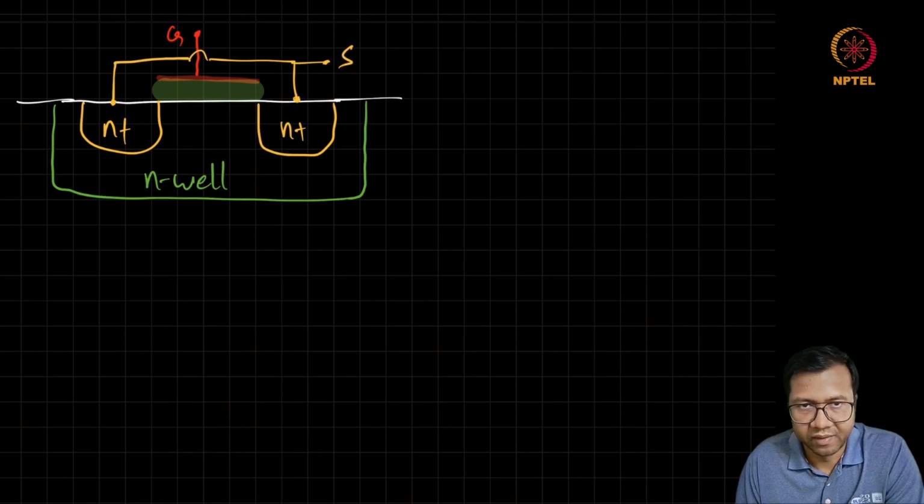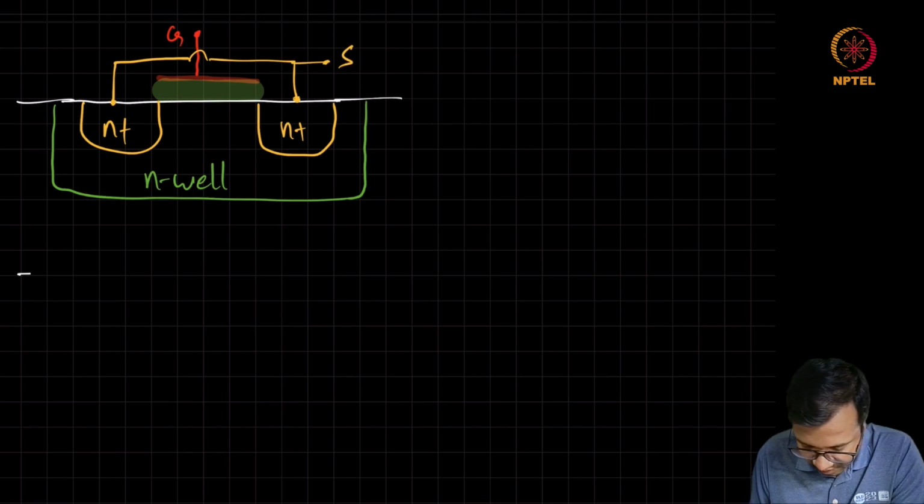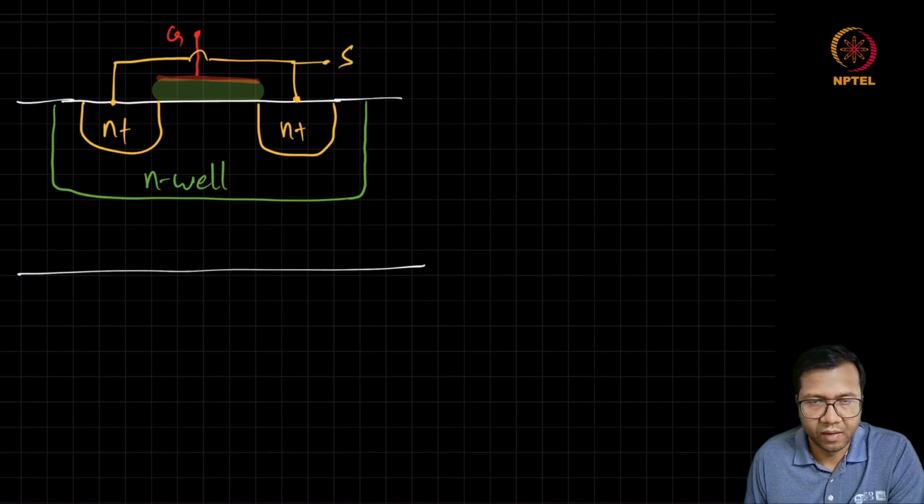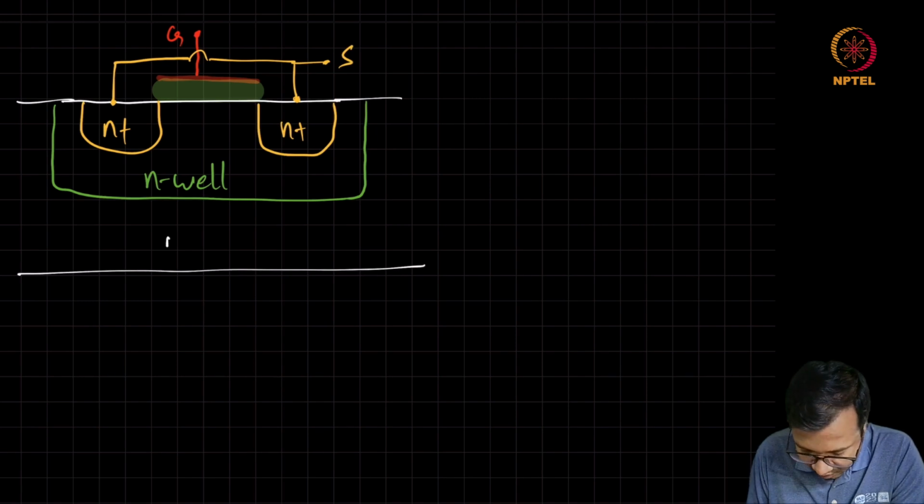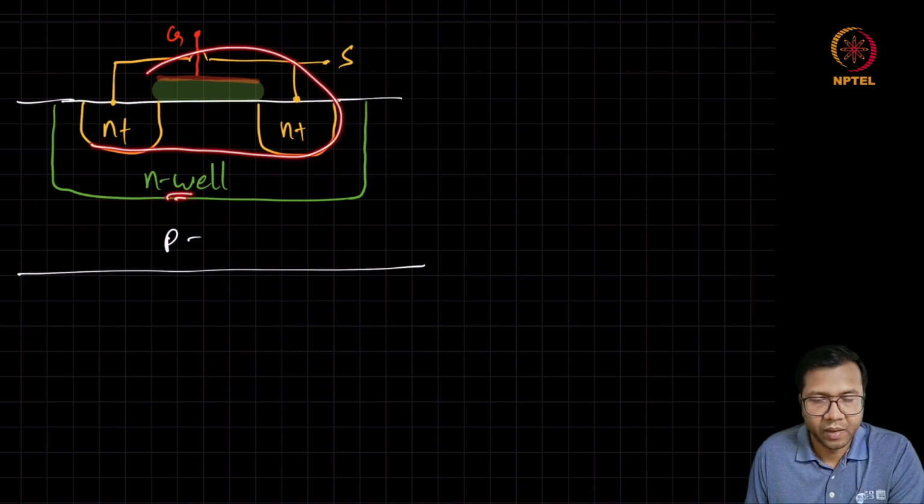Call this as S. Now see that this is not a regular NMOS, but here we have put the same NMOS structure within an n-well.